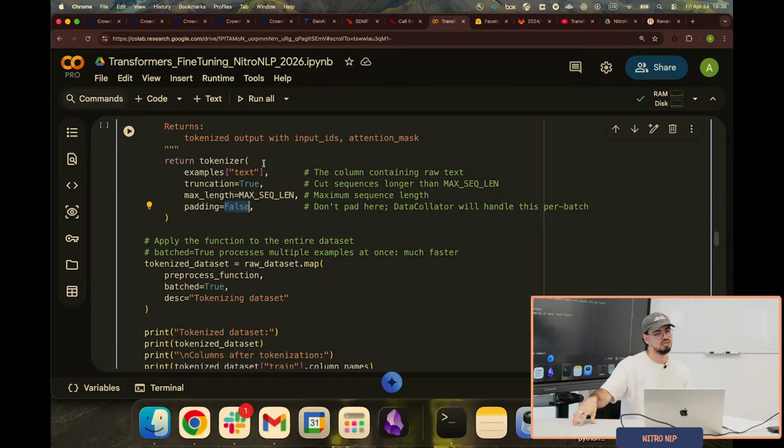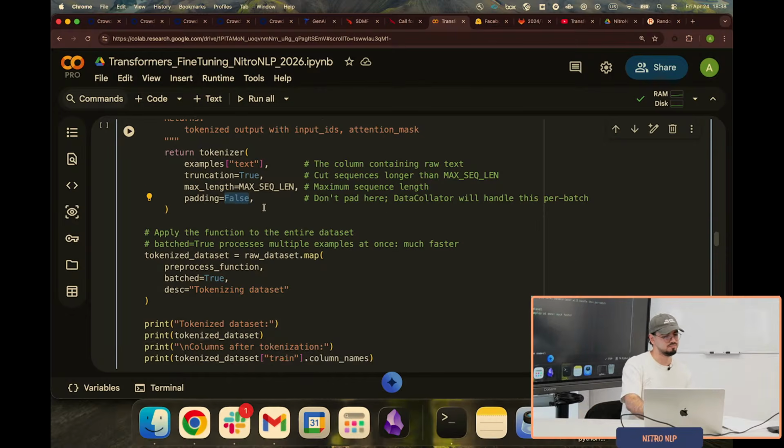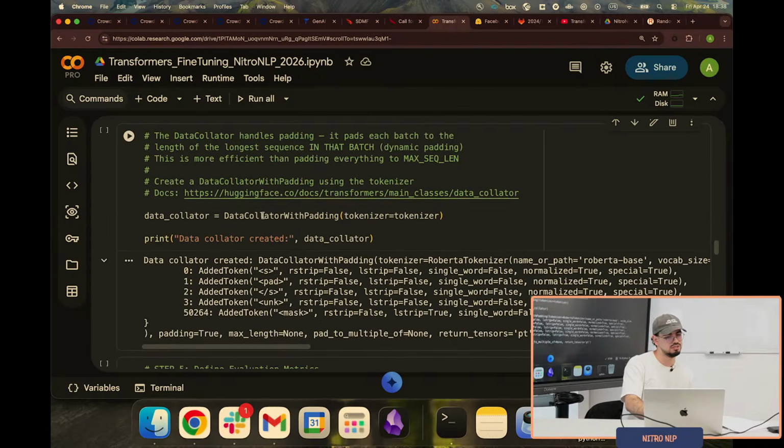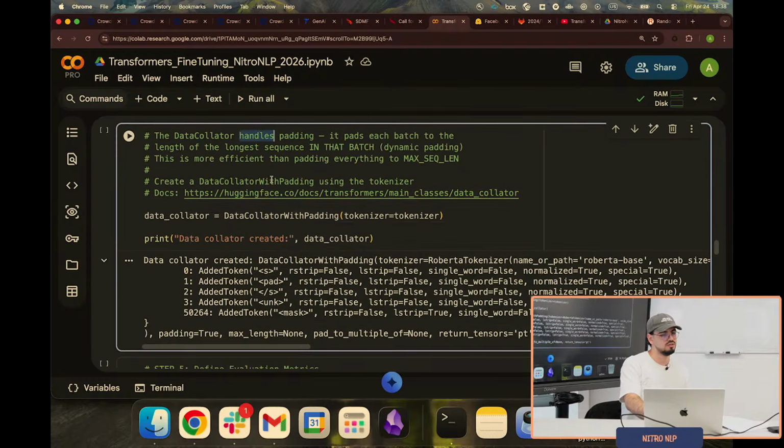So padding: if I put padding true, the 20 character sentence is going to have paddings, like empty tokens, to 128 characters, which is fine, but there is a more efficient way to do this. It's called a data collator, and it's a method that handles the padding. But it doesn't handle the padding per data set, it handles the padding per batch.